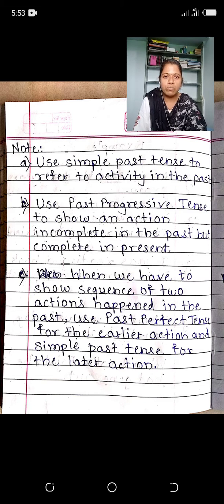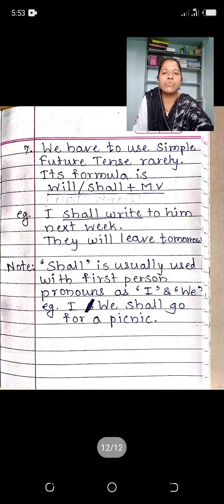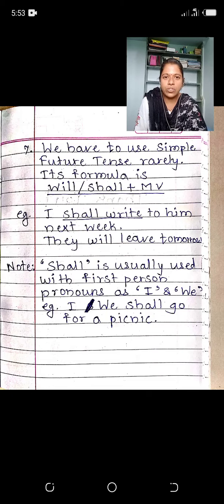Choose which action must have taken place in the past before, earlier, and for such earlier action you have to use past perfect tense and simple past tense for the later action. म्हणजे जी घटना आधी घडली असेल त्याच्यासाठी पास्ट परफेक्ट टेन्स आणि जी घटना त्यातल्या त्यात नंतर घडली असेल तिला सिंपल पास्ट टेन्स वापरायचा आहे. Okay, so you can maintain the sequence of two past actions with the help of past perfect tense, and for the later action you have to use simple past tense.